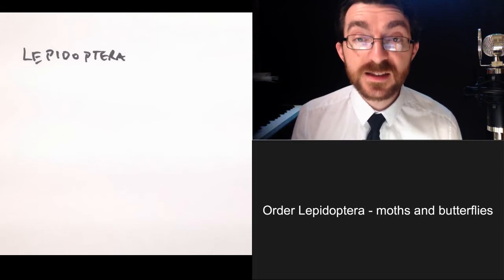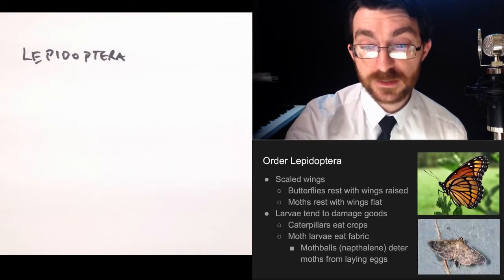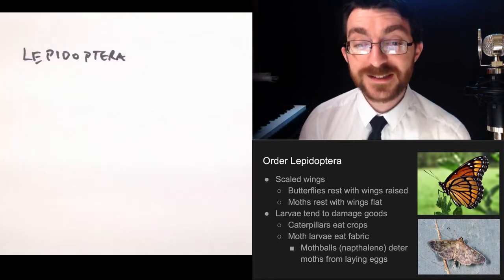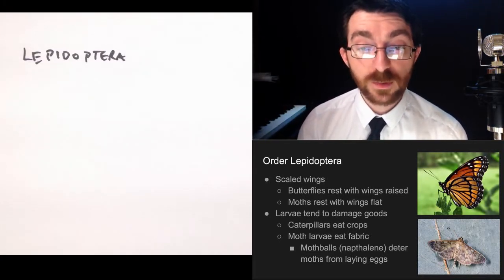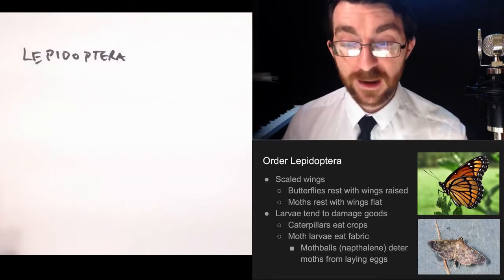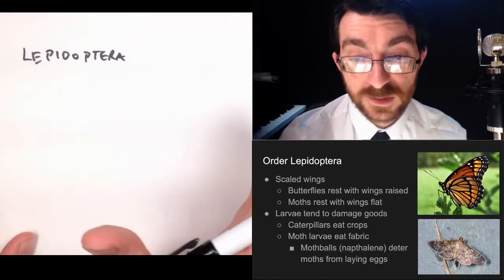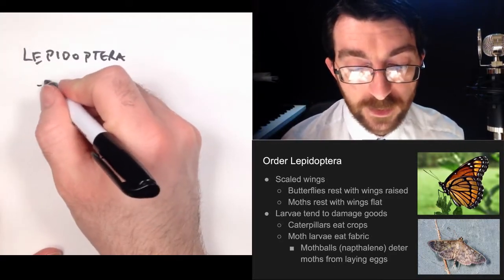Lepidoptera means scale wing, and it has to do with the specifics of how its wings work. Scaled wings. Butterflies rest with their wings raised. Moths rest with their wings flat. That's generally how you can tell.